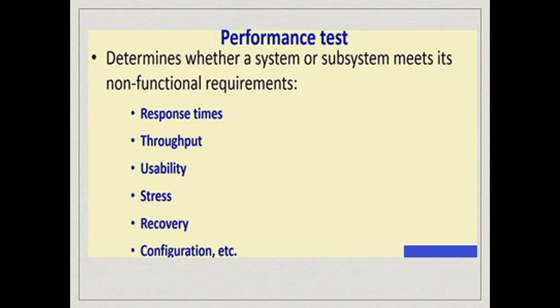There are several types of non-functional tests: response times, whether the response time requirements are met, throughput, usability, stress, recovery, configuration, etc. There are many types of performance tests. Later in this series, we will see what aspects are tested in these different types of performance tests, like throughput, usability, stress, recovery, and configurations.